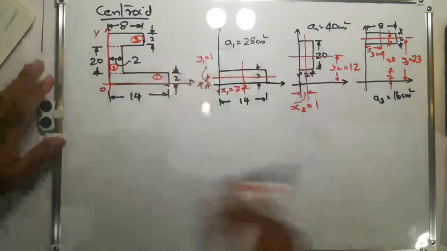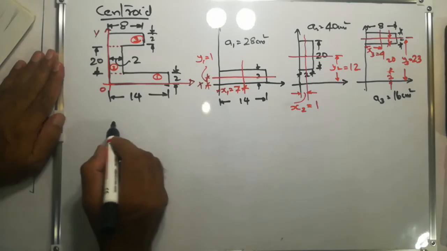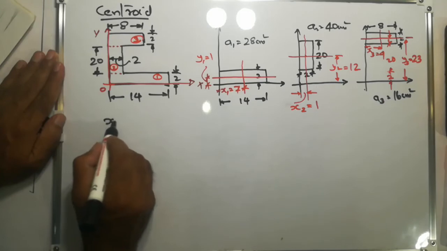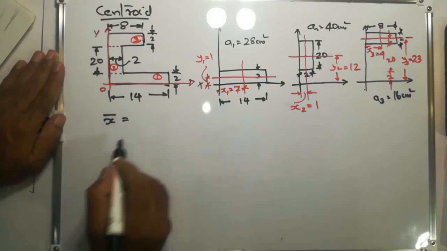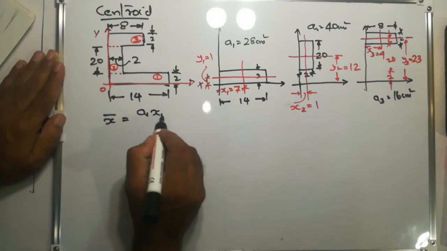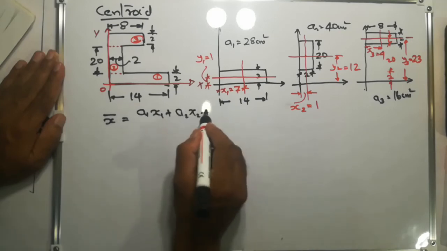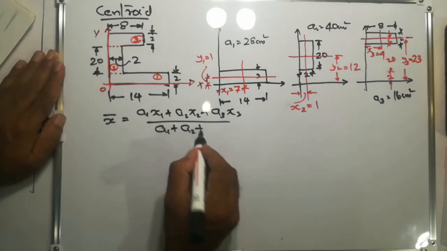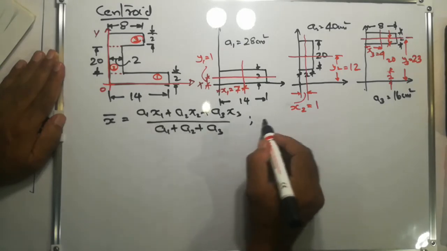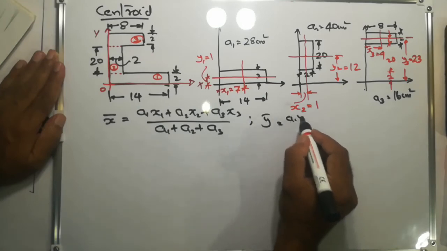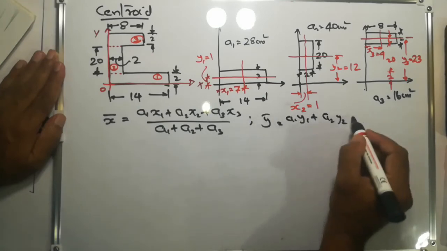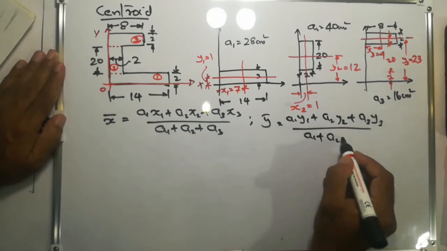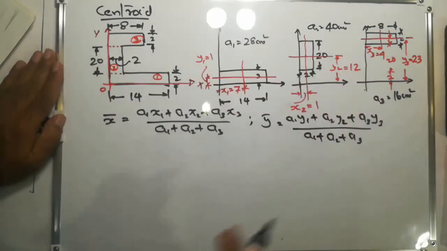So now we have all the distances, and the equation we use for finding the centroidal distance from the reference axis is x bar equal to A1 x1 plus A2 x2 plus A3 x3 divided by A1 plus A2 plus A3, and y bar equal to A1 y1 plus A2 y2 plus A3 y3 divided by A1 plus A2 plus A3, as we have only three areas.